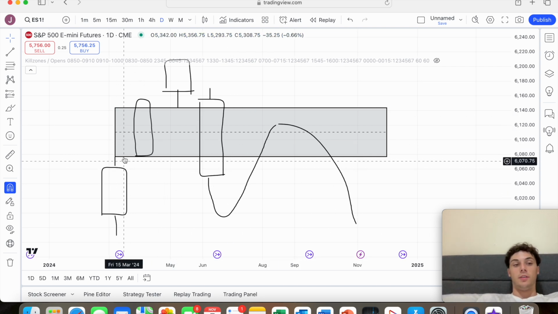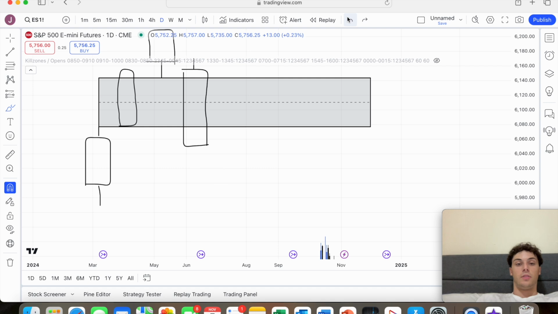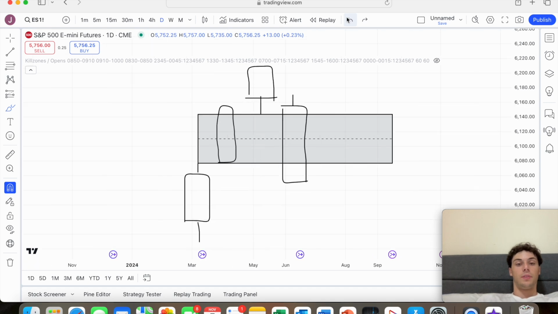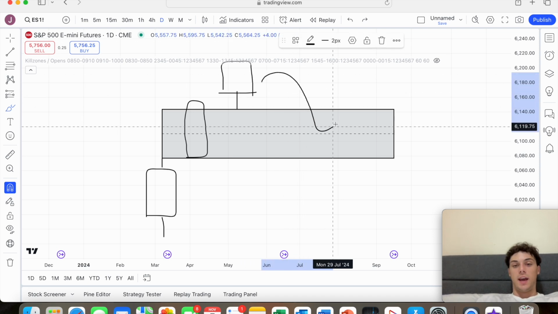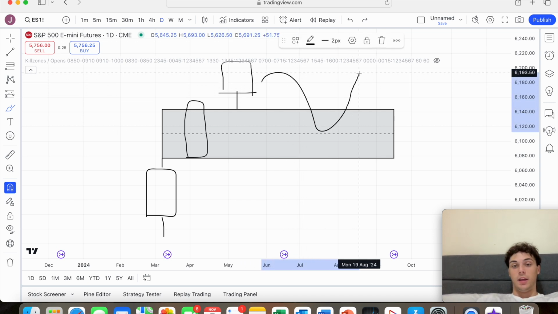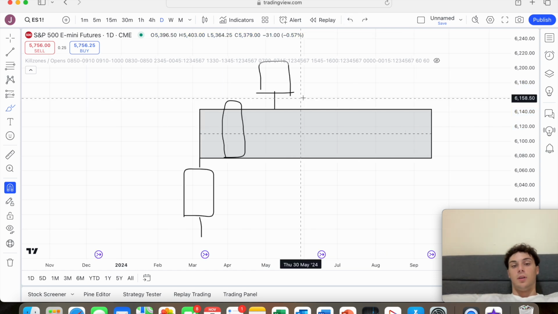So this one, if it went, and let me change it a little bit. So if it went like this, and then it respected it, it would have still been bullish.